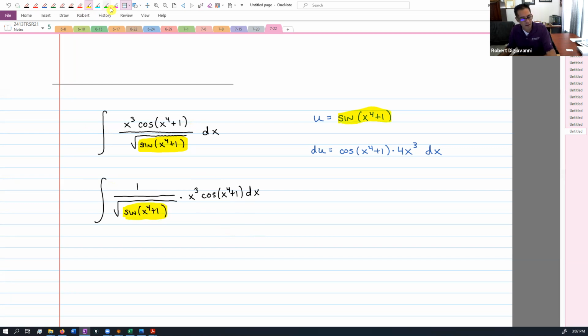And then the derivative, we're off by 4, so we'll just divide both sides by 4. And that should give us an exact match. This whole thing will match.